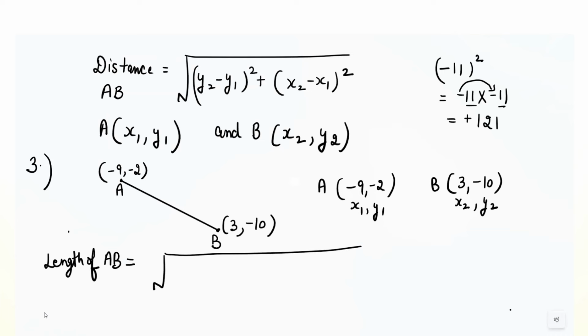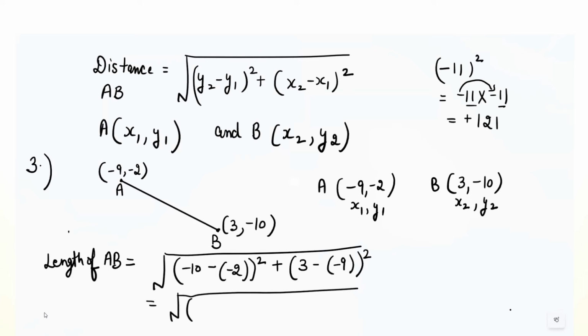the square root of, the value of y2 is -10, minus the value of y1, which is negative, so we put the bracket -2 and then whole square, plus x2 is 3 minus the value of x1, which is -9. We write -9 in the bracket and whole square, which is equal to the square root of -10, negative into negative is positive, plus 2, whole square, plus 3, negative into negative is plus 9, whole square.